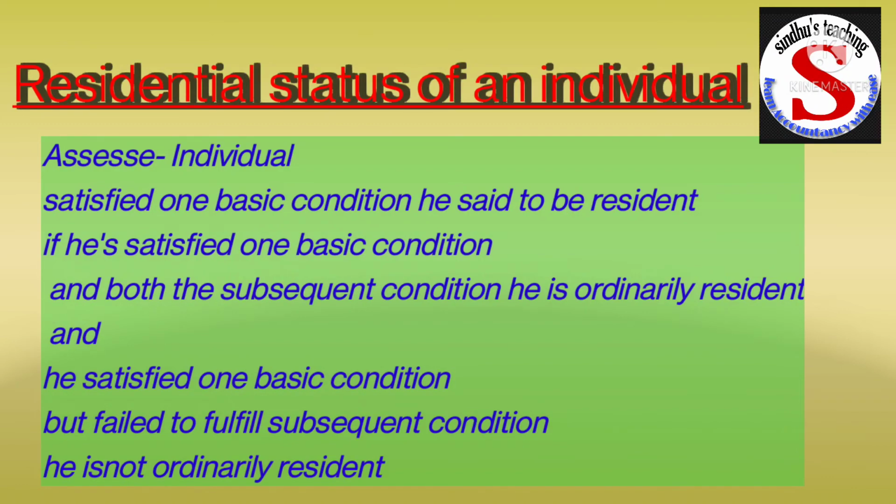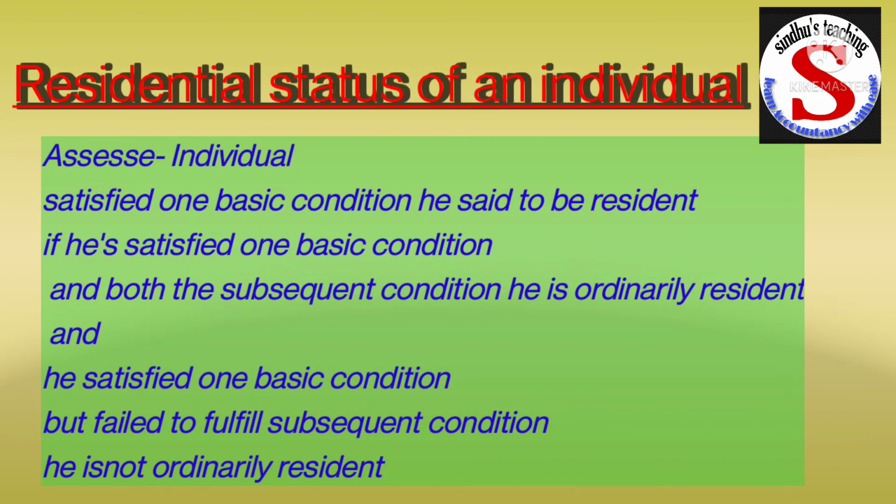If he satisfies any one basic condition and both additional or subsequent conditions, he is said to be ordinarily resident. And if he satisfies any one basic condition and fails to satisfy the subsequent conditions, then he is considered as not ordinarily resident.